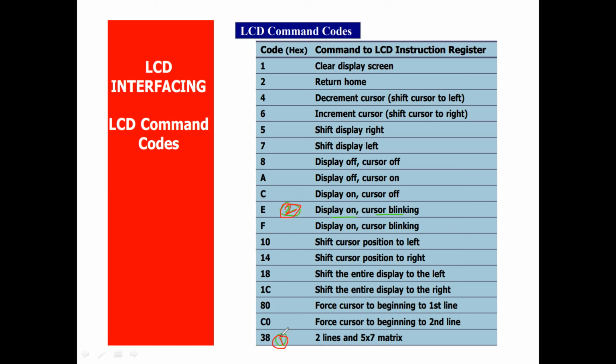These 2 steps are very important. And if you want to force the first character to be displayed at the beginning of the first line, that is display of 2 lines, you can choose this particular command, 80H. Okay, 80H is your command.